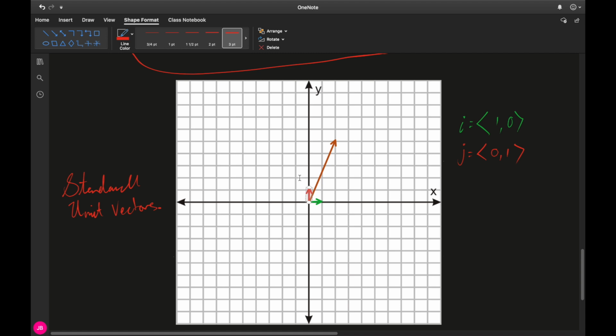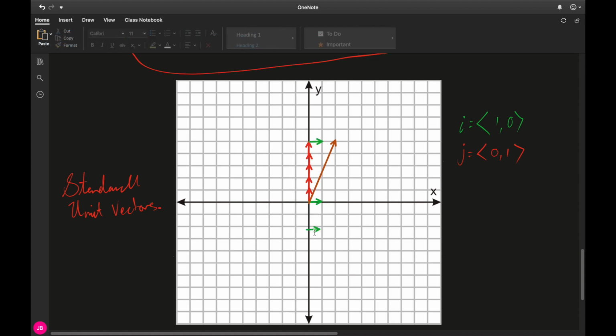So we're going to go ahead and copy 1, 2, 3, 4 j's. My bad, I guess it took one more. And then we copied 2 i's.